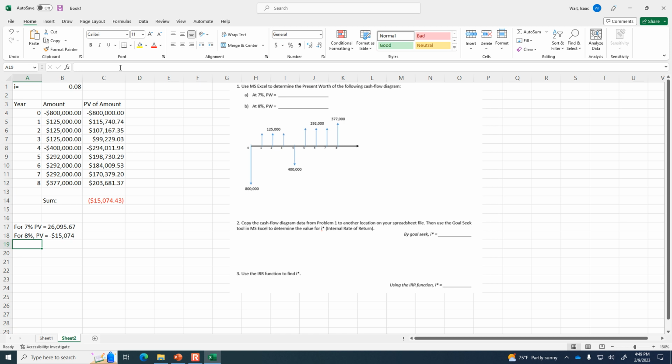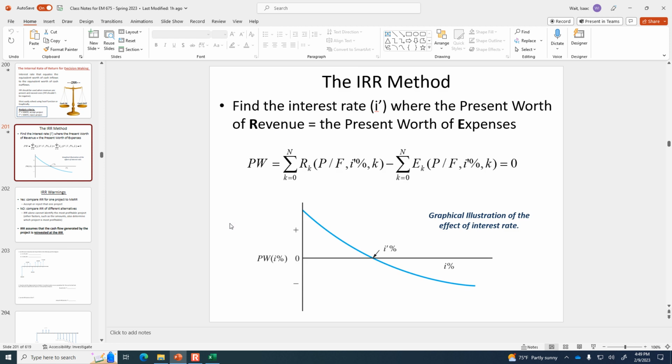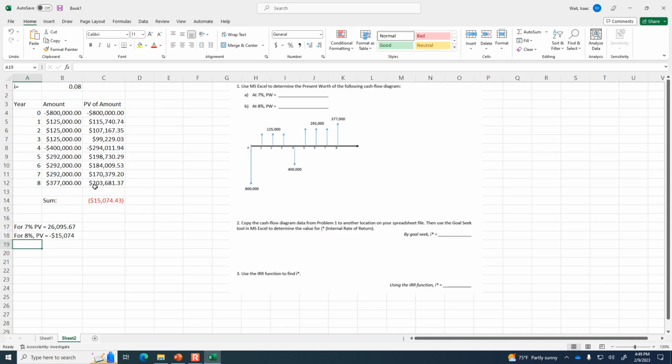Okay. So we could do linear interpolation, but the problem with linear interpolation is that it's actually not a line, it's actually a curve. So if you linear interpolate, you're going to be slightly off. So we'll just do it the way that's described in the in-class exercise here.